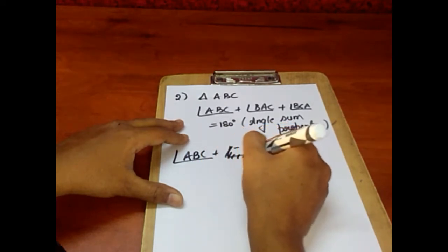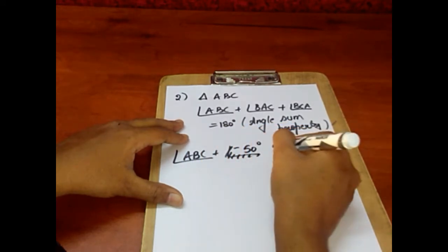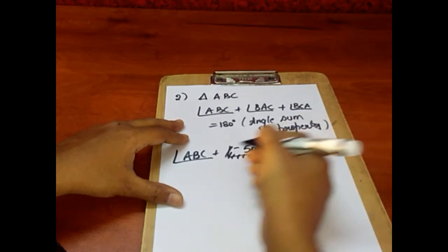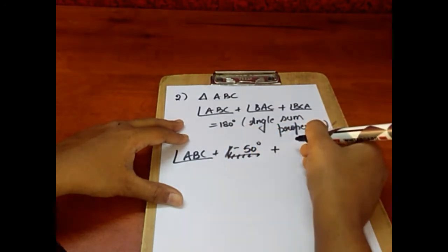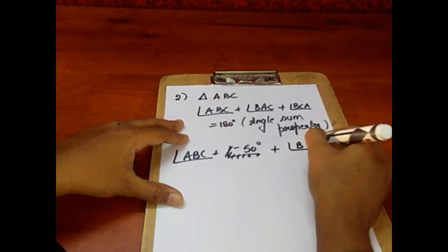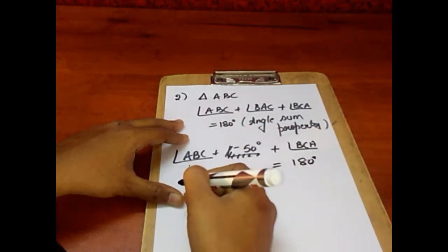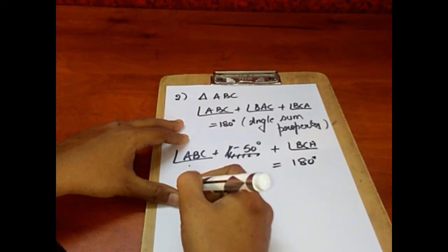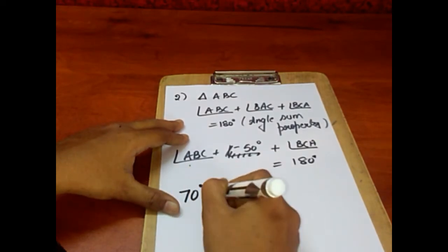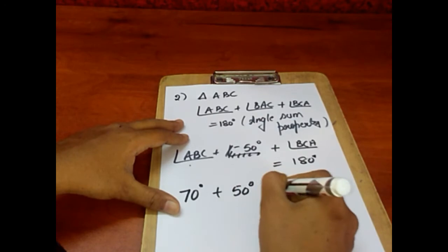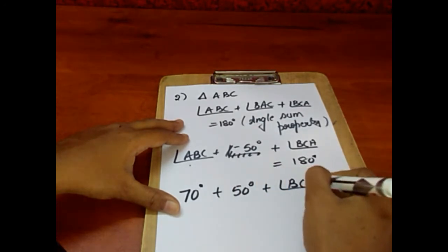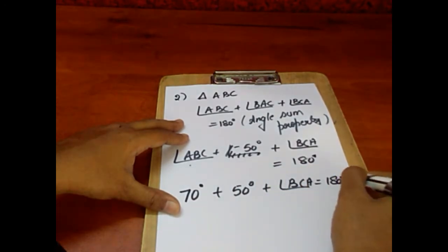BAC is given as 50 degrees and measure of angle BCA should be calculated. This is equal to 180 degrees. ABC we have already calculated in the first step, that is 70 degrees. 50 degrees is given. Measure of angle BCA should be calculated.